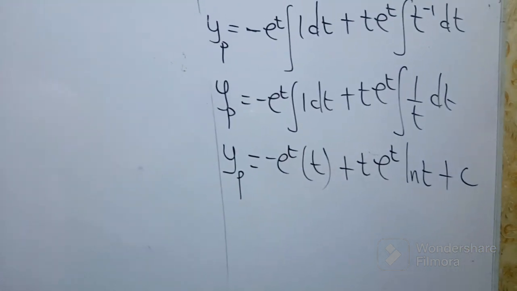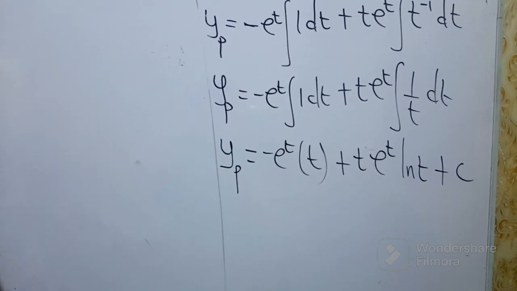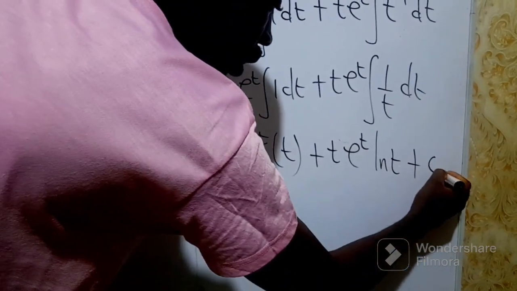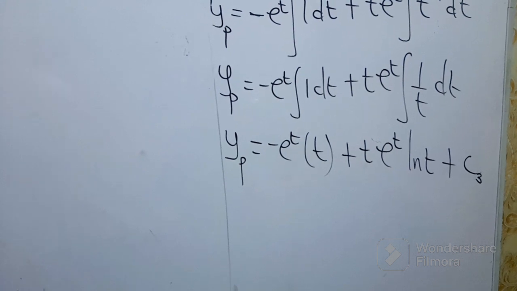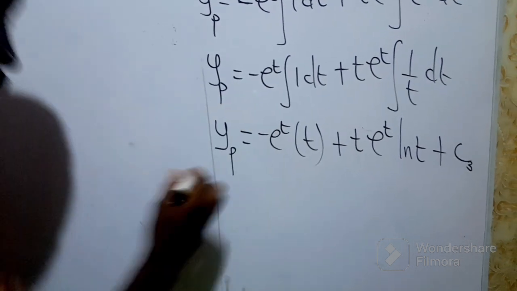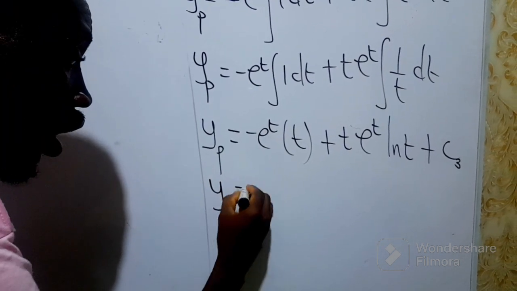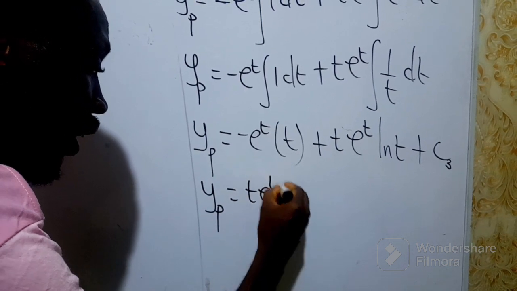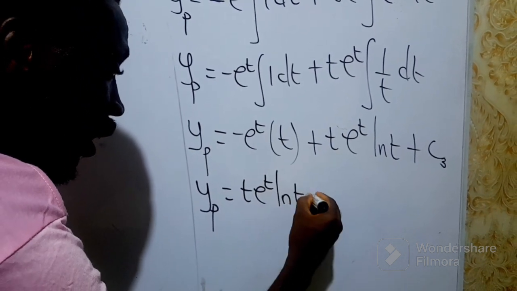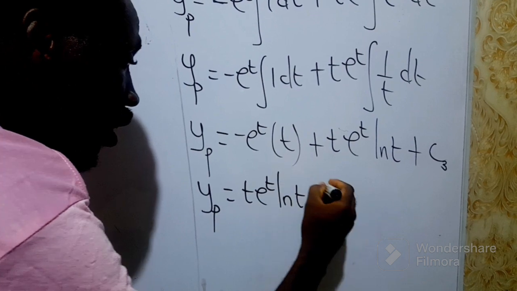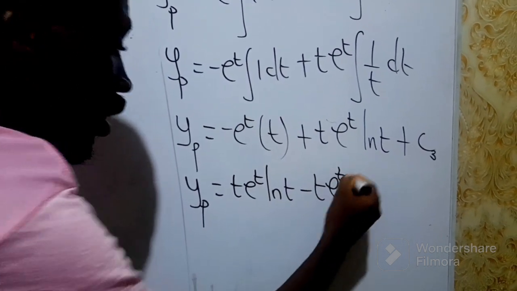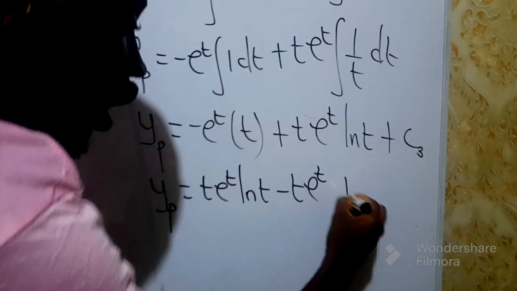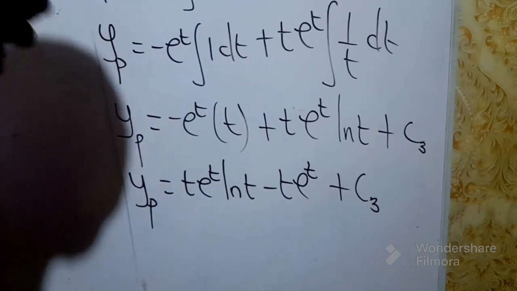Since there are C1 and C2 already, we'll let this constant be C3. That's our constant of integration. So having found that, we can rewrite this as y of p is equal to t e exponent t ln t minus t e exponent t, then plus the constants.